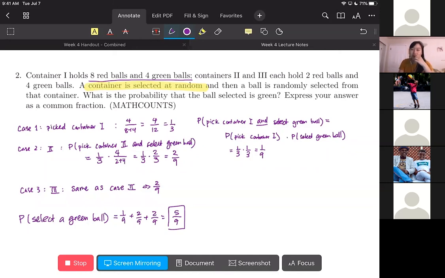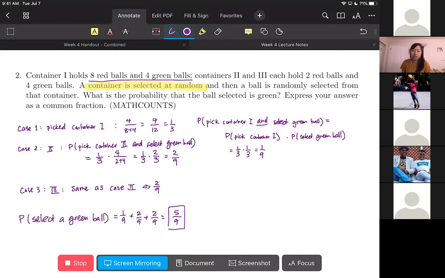I just want to summarize some things that we did here. We have these independent events. It's independent because what happens in the first event doesn't affect the probability of the second event occurring. For example, container 1 does have different balls, but once I pick container 1, it doesn't affect me choosing balls after I've already picked it.